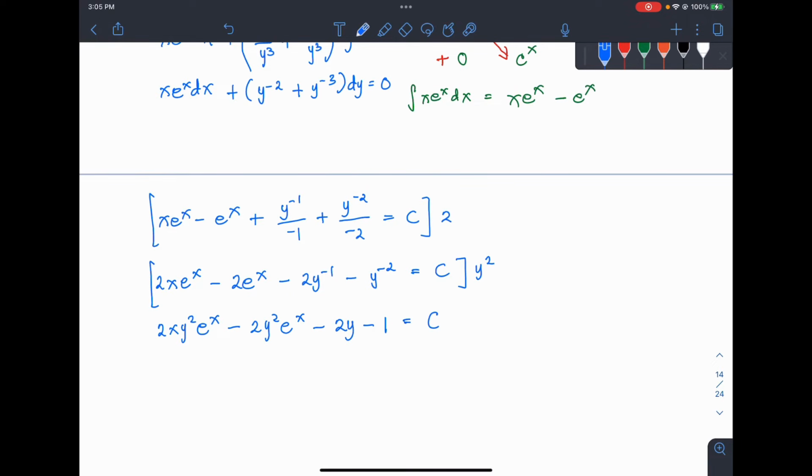So this time around, we multiply a variable with a constant. A constant does not absorb a variable, so thus this will be c y squared. So that will become our final answer: 2x y squared e raised to x minus 2y squared e raised to x minus 2y minus 1 is equal to c y squared.